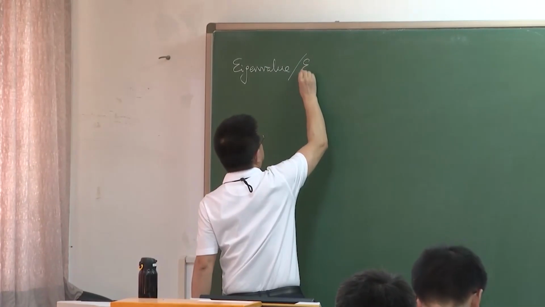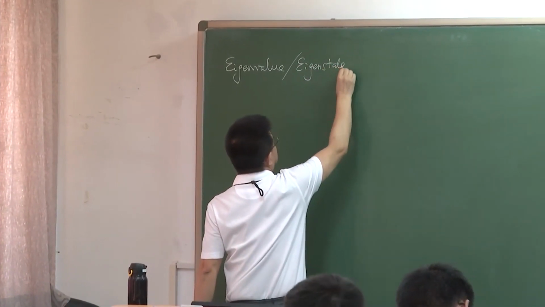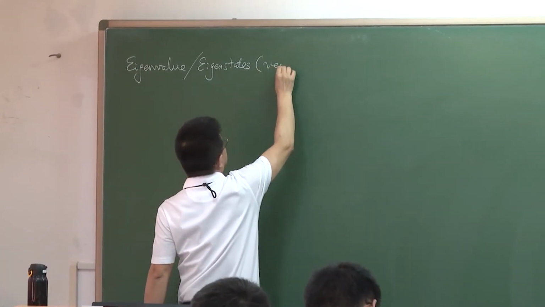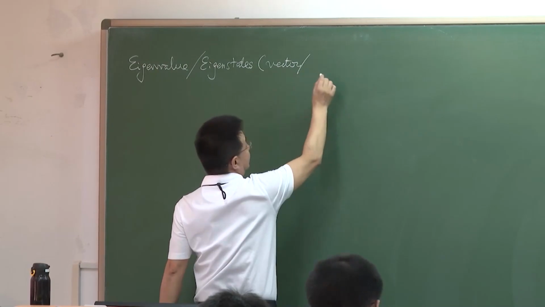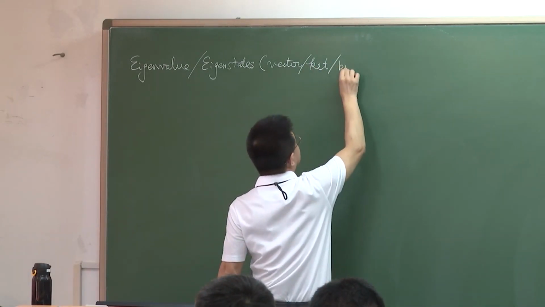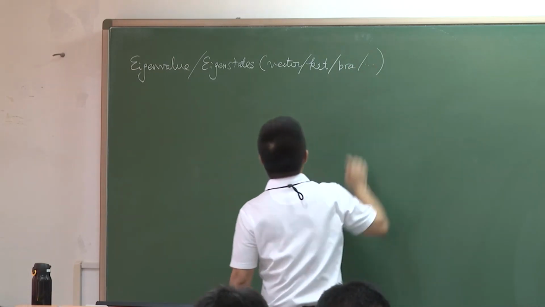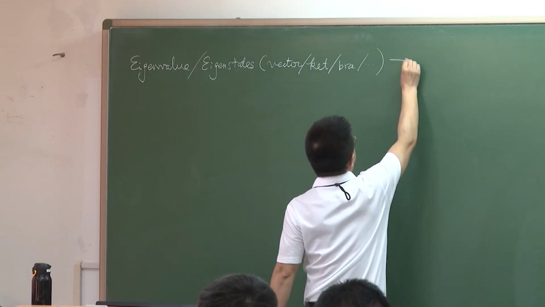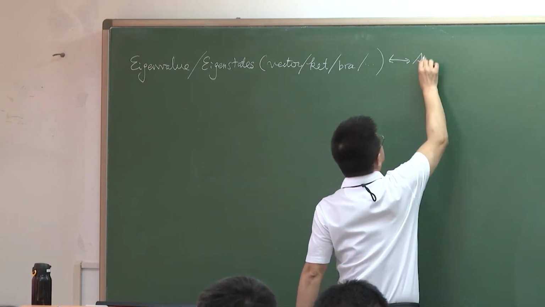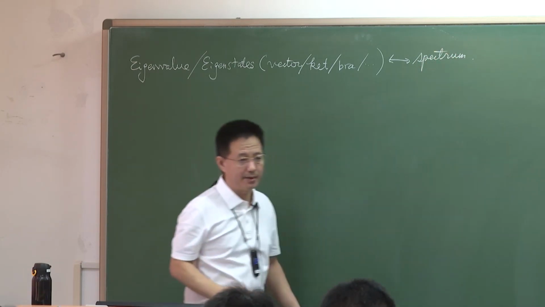Eigenvalue, and of course, it is connected with the eigenstates, or the eigenvector, or the eigenket, or sometimes the eigenbra, right? And also the eigenvalue is connected with another item that is called the spectrum.